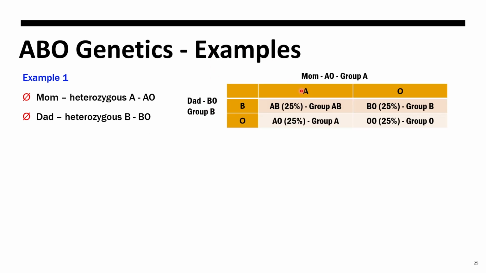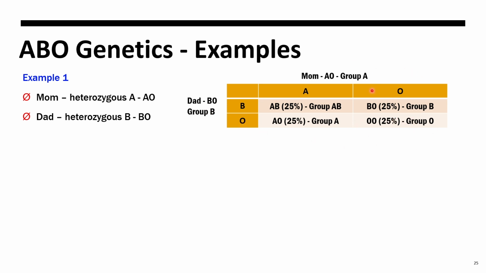If from mom A and from father B, the blood group is AB. From mom A, father O, then the blood group is A. O from mother and B from father, blood group is B. O from mother and O from father, blood group will be O. So you can see the genetic composition.